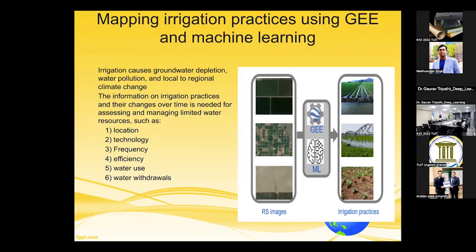The images on the right side are the remote sensing images. They go into a deep learning model and are then classified as to what kind of irrigation practices are being performed in an area.